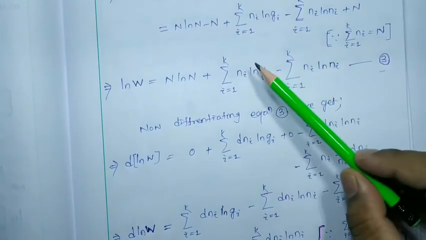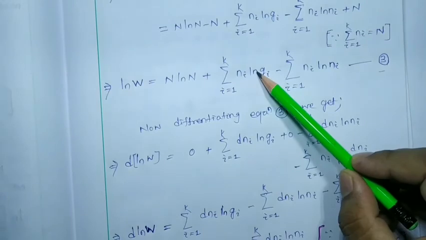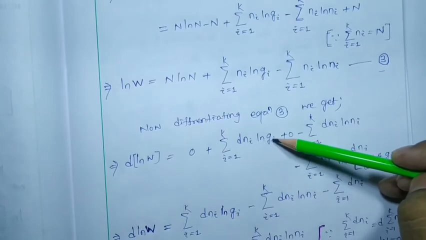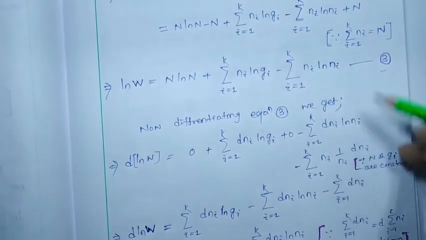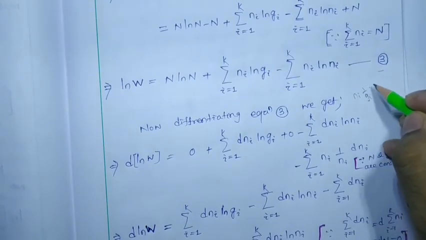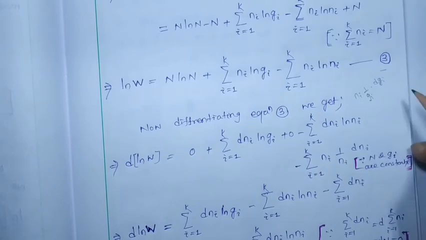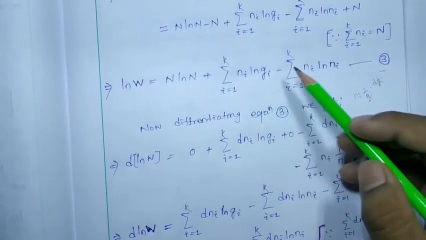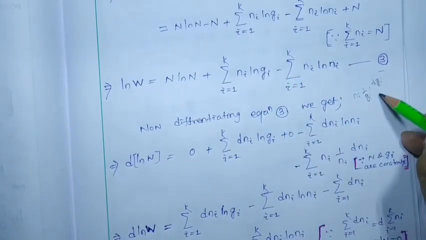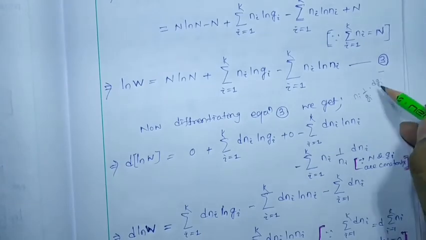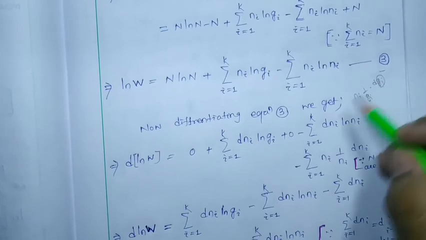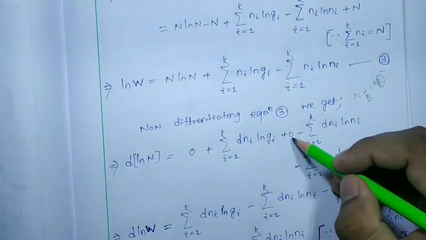Here we have to consider the product formula for the differentiation. This is the first term, d ni ln gi. The second term will be ni into 1 by gi into d gi, because this is ln gi. However, gi is a constant for a particular compartment. So dgi will be 0, so this term will be 0.